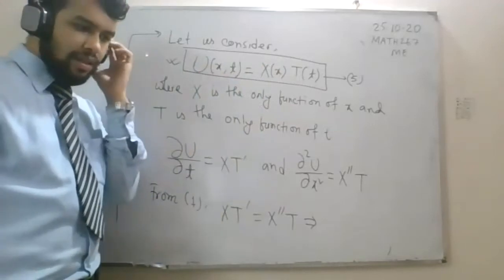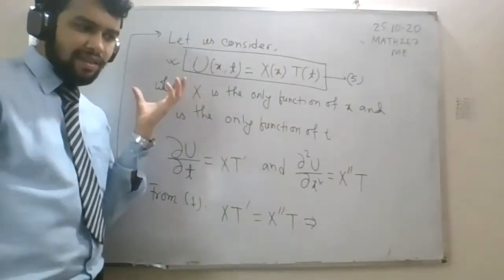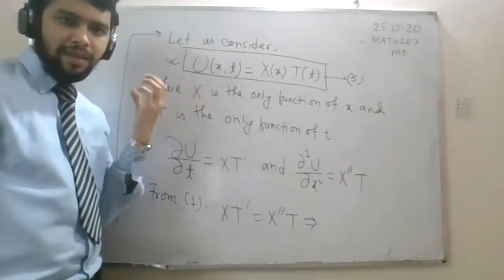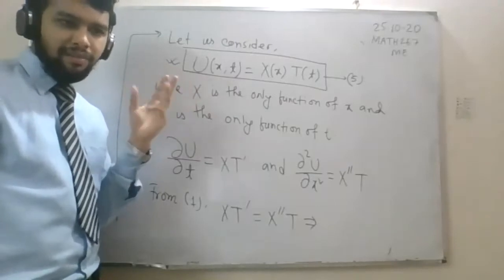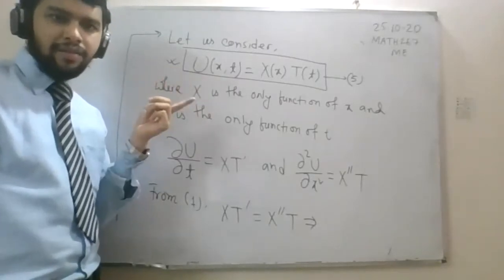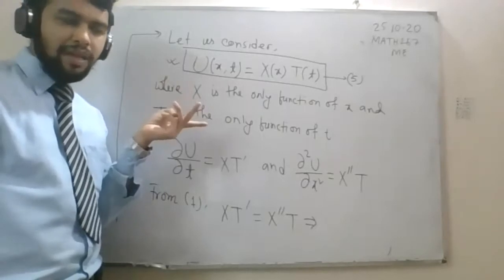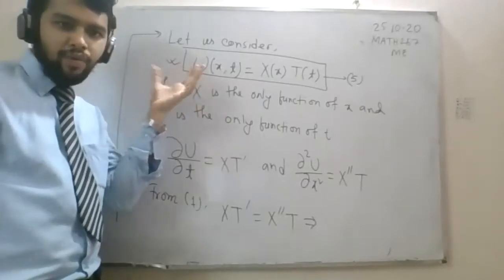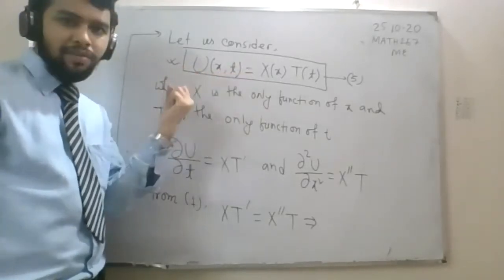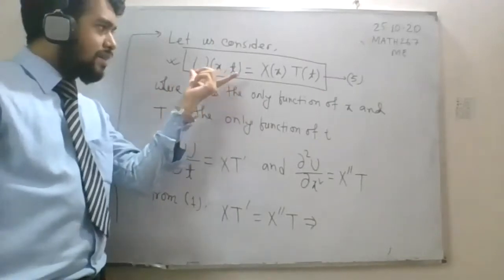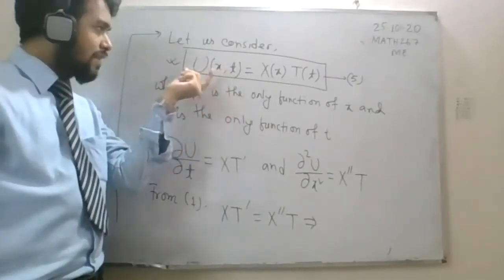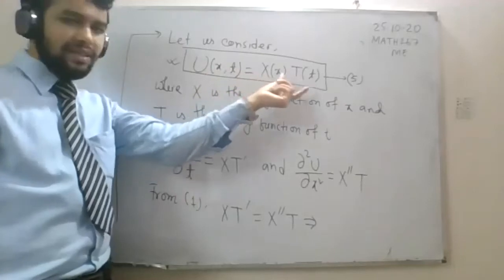So I just said that you have to solve this kind of boundary value problem by using three methods. One of them is Fourier transform, another one is Laplace transform, and the third one is product method or separable variable method. Okay. So I just use here the product method, which is u(x, t) equals XT. Okay.